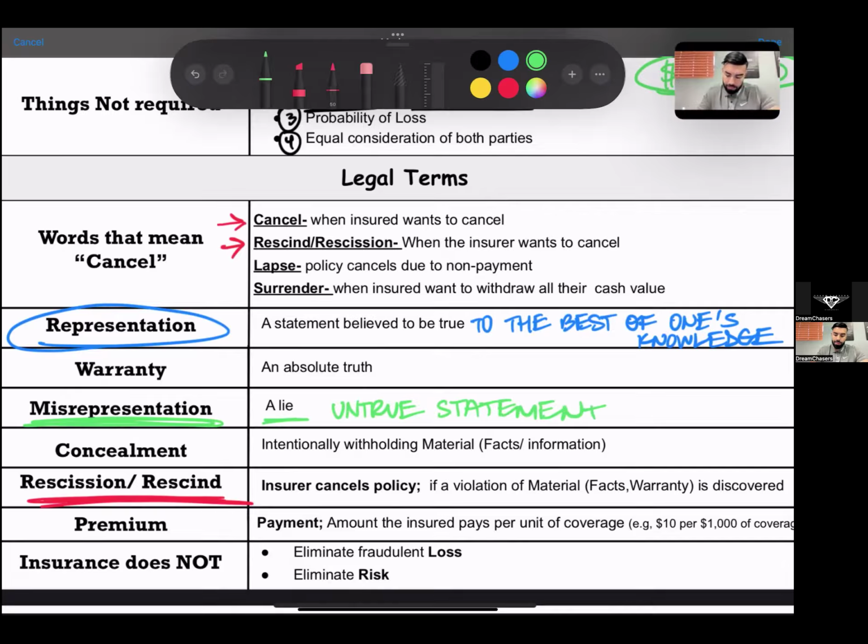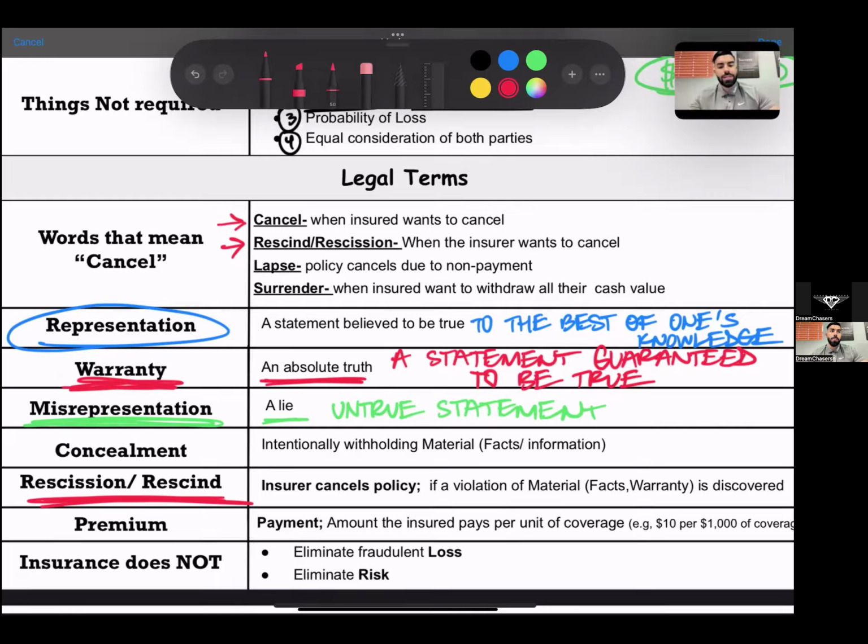Okay, now next is a warranty. So a warranty is an absolute truth. In other words, a statement guaranteed to be true. So a warranty is a statement that is guaranteed to be true.